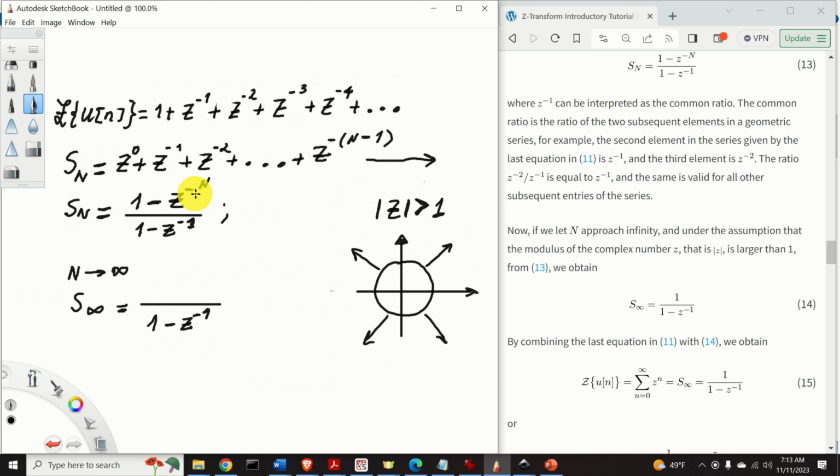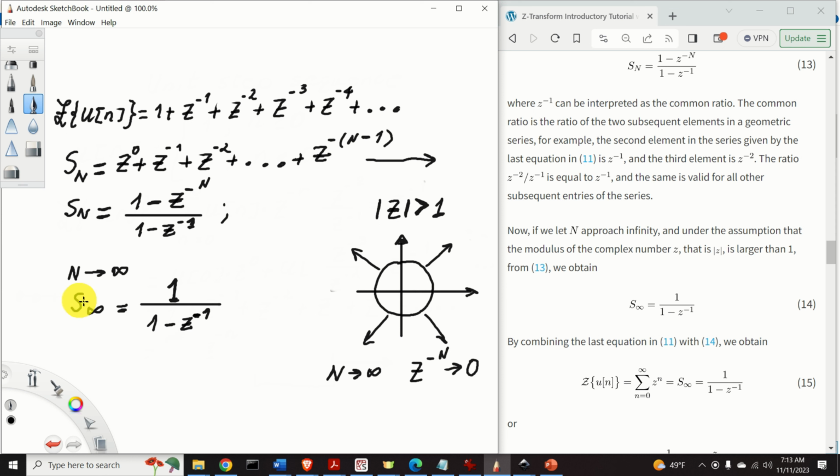Consequently, when n goes to infinity, z to the power minus n will go to 0. And consequently, this term will become 0, and I will obtain this expression: 1 over 1 minus z to the power minus 1. And this solves our problem.